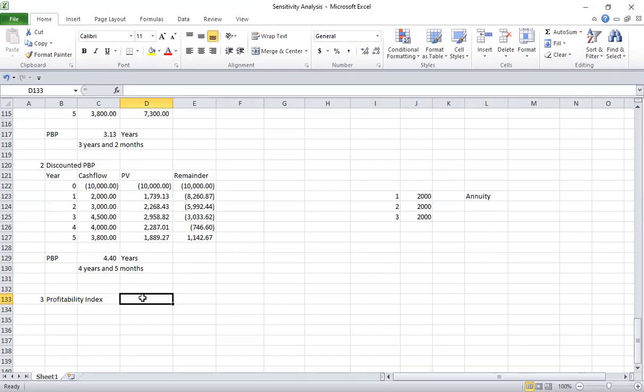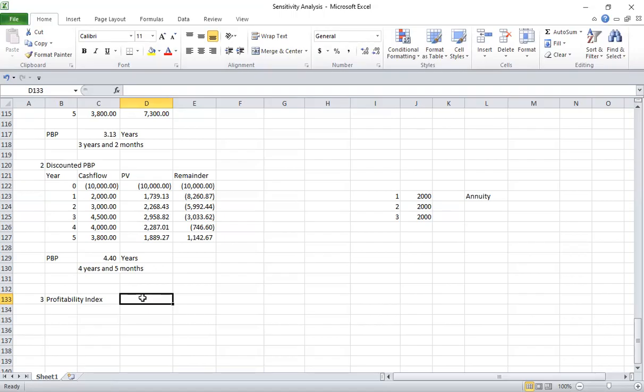And remember we have said, what is the formula for it? What did we say is the formula for the profitability index? Yes, somebody.